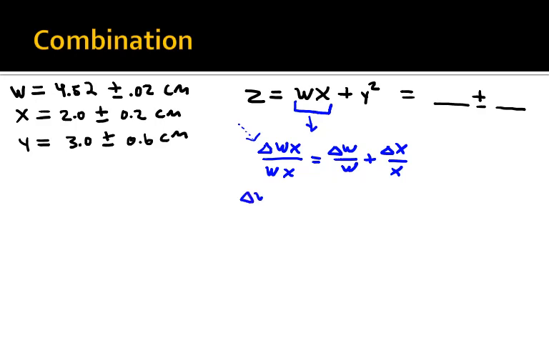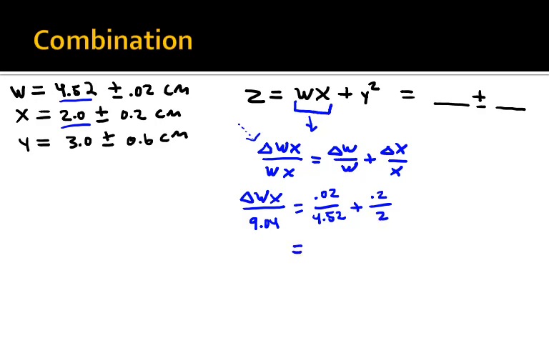So we've got that uncertainty of Wx over W times X, 2 times 4.52 is 9.04. So the uncertainty of Wx over 9.04 is equal to the uncertainty of W, which is 0.02, over W, which is 4.52, plus the uncertainty of X, which is 0.2, over X, which is 2.